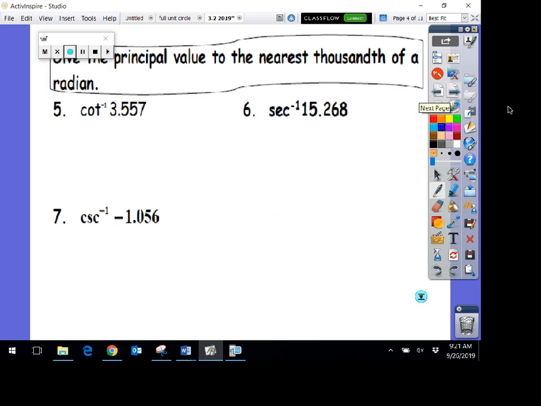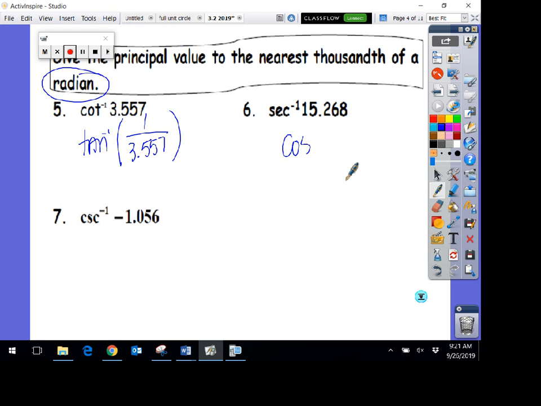All right, this one says radians. Nothing changes. The only thing that changes is our mode. We are still going to do inverse tangent of 1 over 3.557. That's what we're typing in our calculator. And over here, inverse cosine of 1 over 15.268.